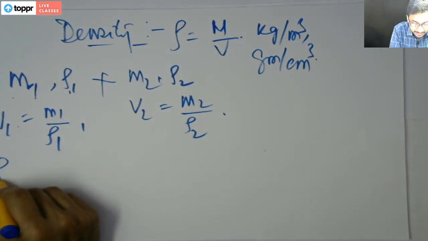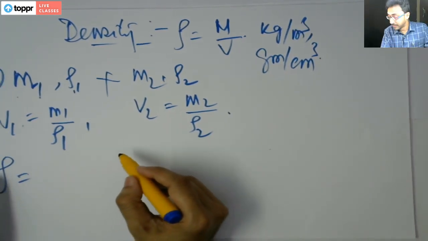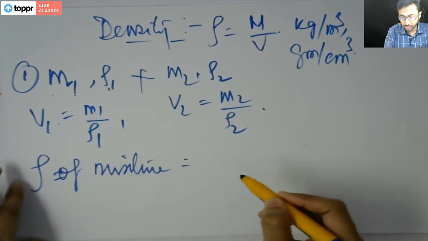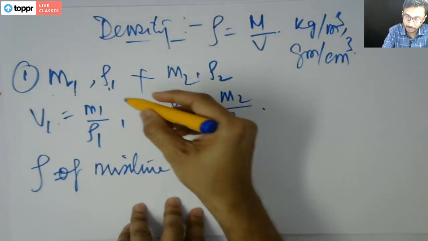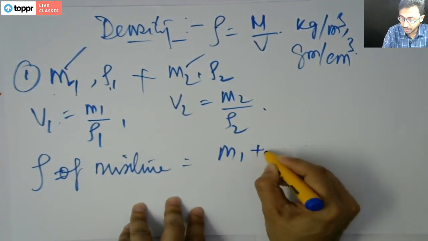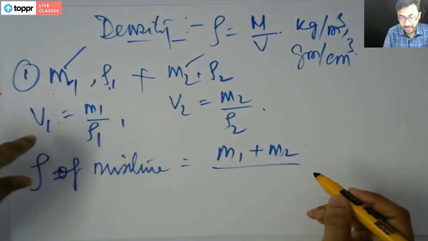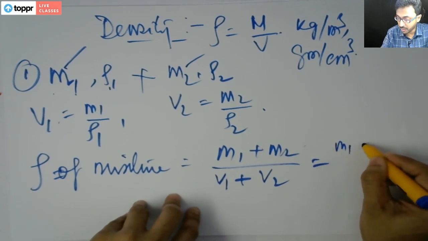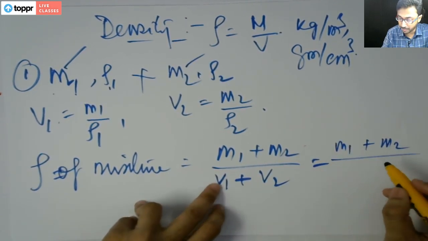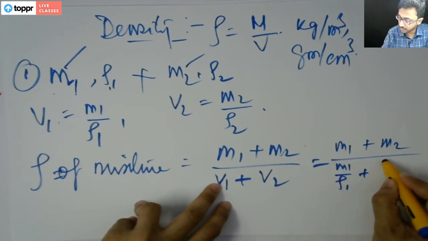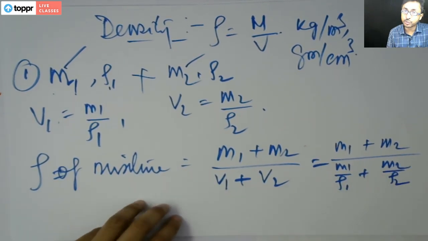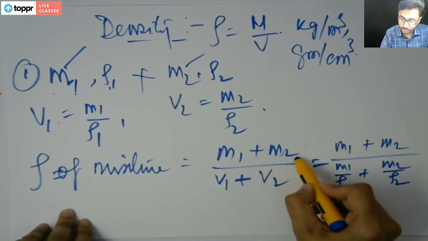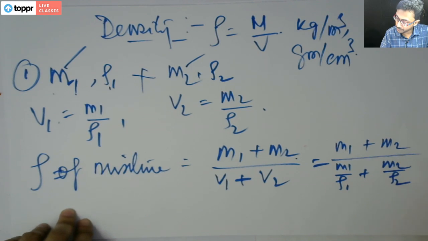The density of the mixture is equal to the total mass, that is m1 plus m2, divided by the total volume v1 plus v2, that is m1 plus m2 divided by m1 by rho1 plus m2 by rho2.